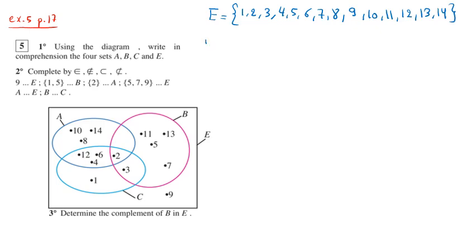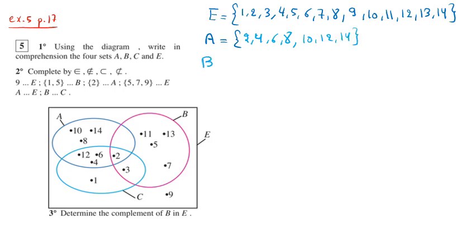Set A. Here we have set A. These are the numbers in set A, which are, we start by number 2, 4, 6, 8, 10, 12, and 14.